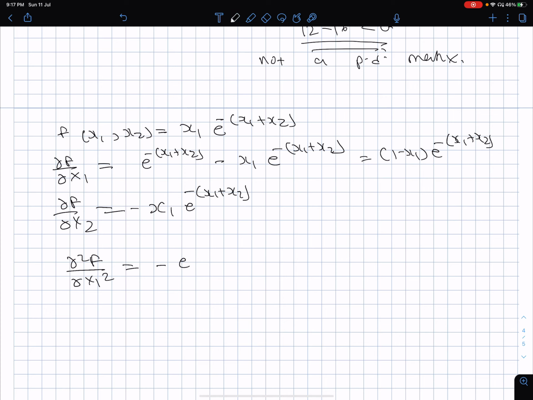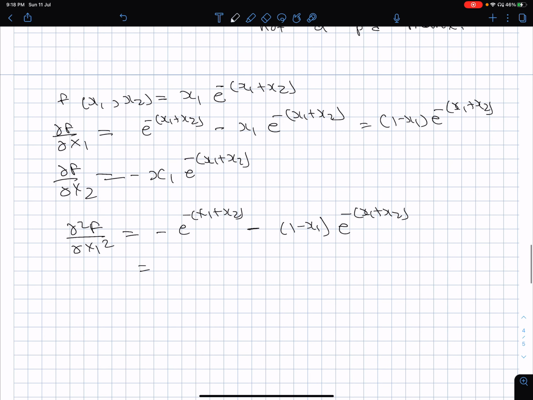So minus of 1 into e to the power minus of (x1 plus x2), plus (1 minus x1) into the derivative of this with respect to x1, which will bring that minus thing out here, into e to the power minus of (x1 plus x2), which is nothing but taking minus out.